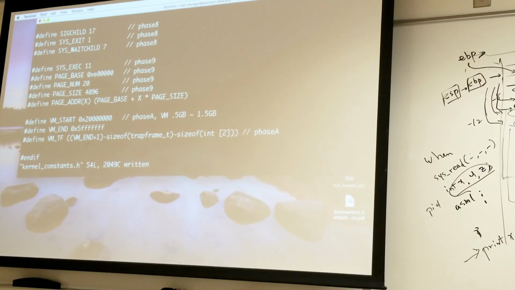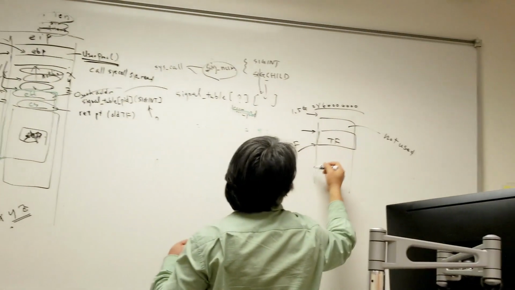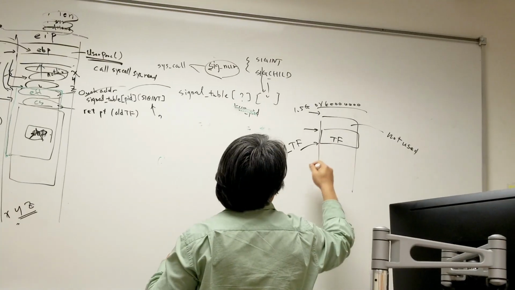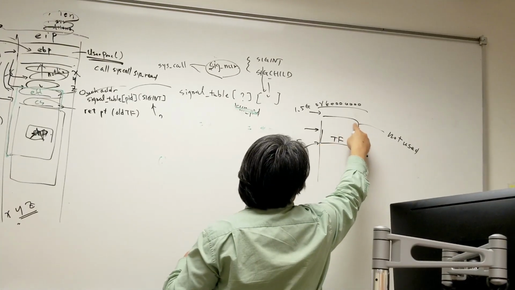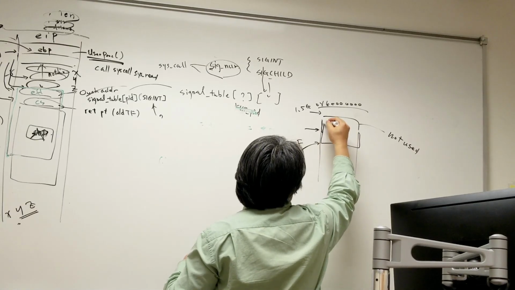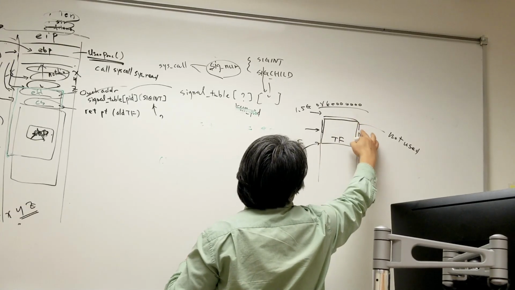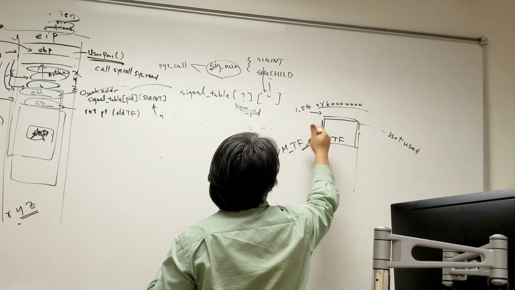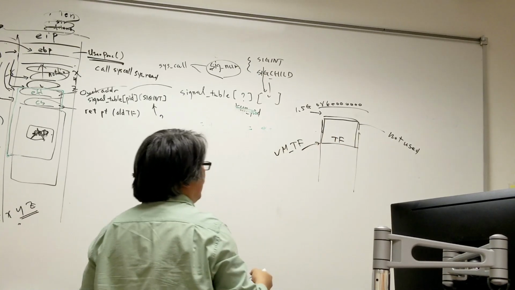So this minus the size of the traffic is where this should be. This drawing should be fully filled up like that. So that's the size of traffic.